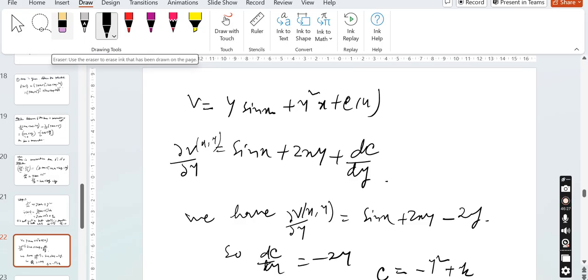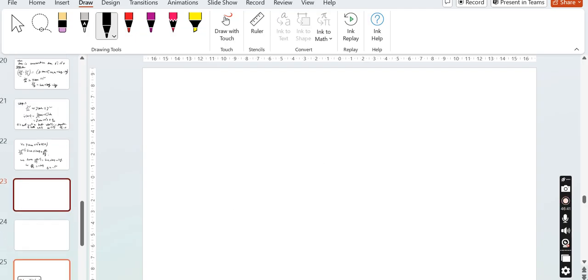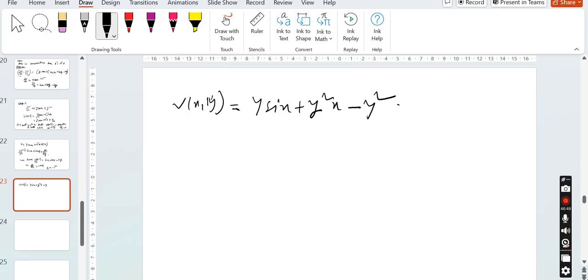K will be some constant, which is not a function of x and y, and we can say that it is zero kind of thing. So ultimately dx would be y sine x plus y square x minus y square.